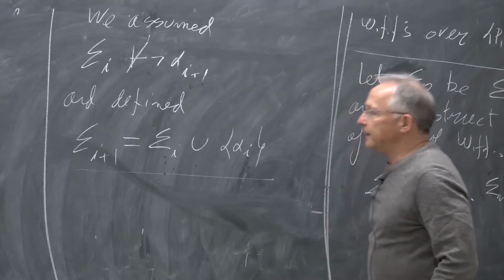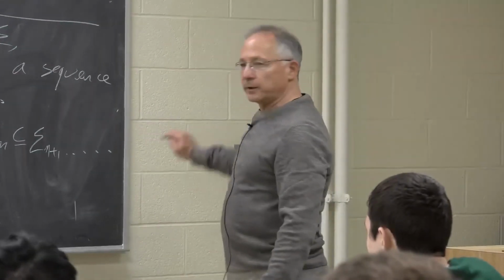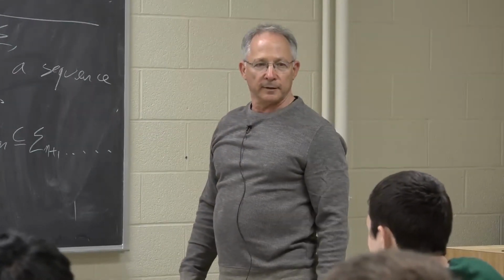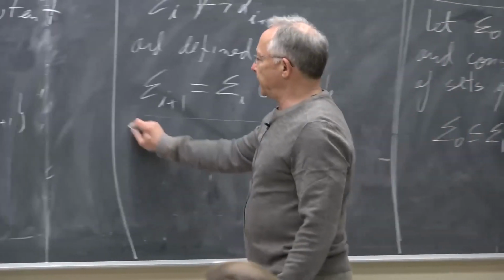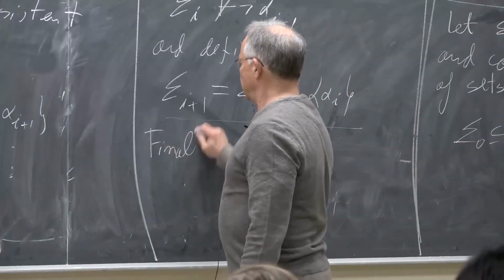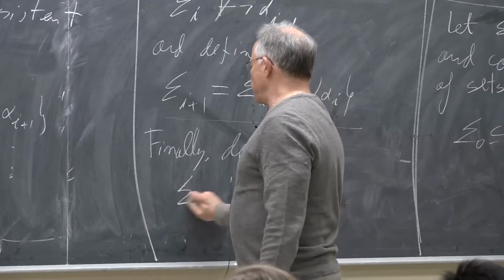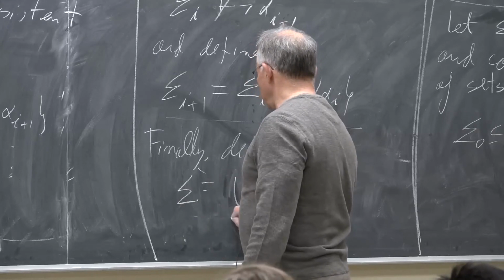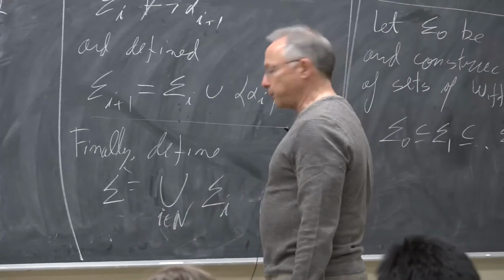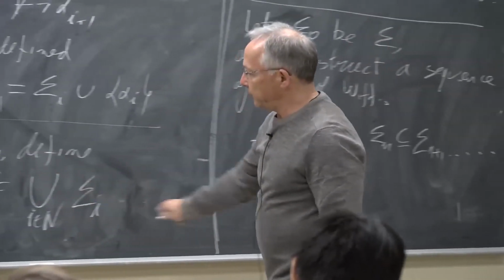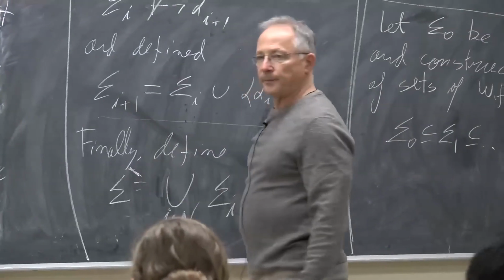So what we got is that we proved, under this claim, that you can do this series of extensions. And if we can do this series of extensions, we will finally define sigma prime to be the union over all I in N of the sigma i's that we constructed, and it is not difficult to see that this sigma prime is maximally consistent.